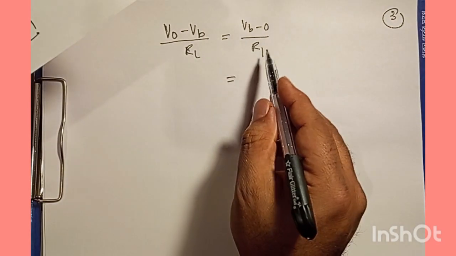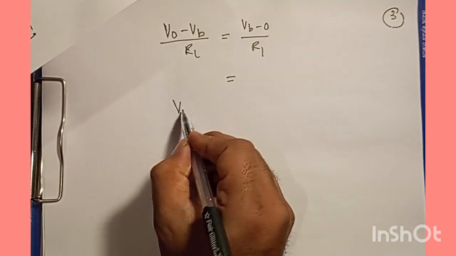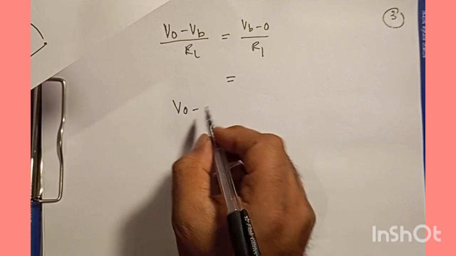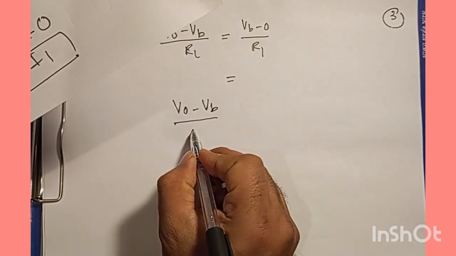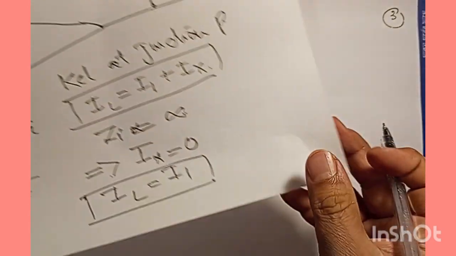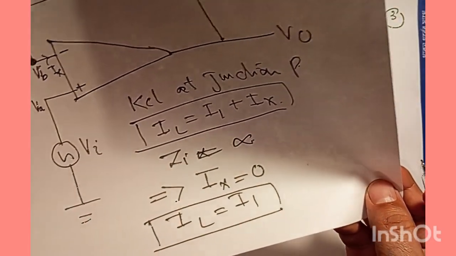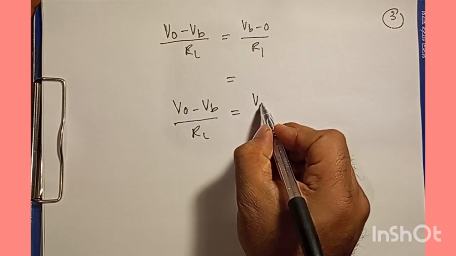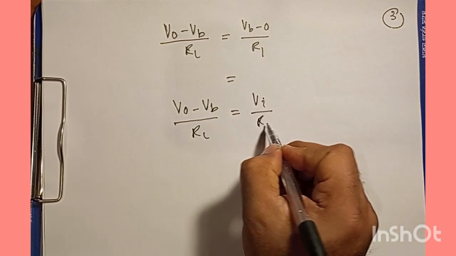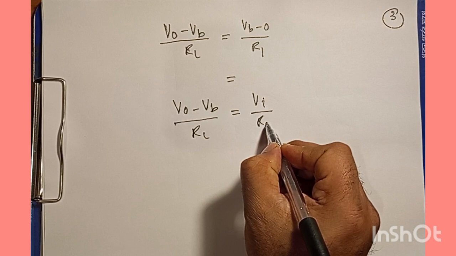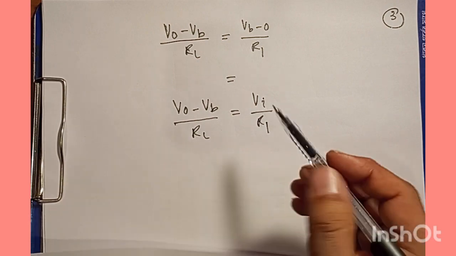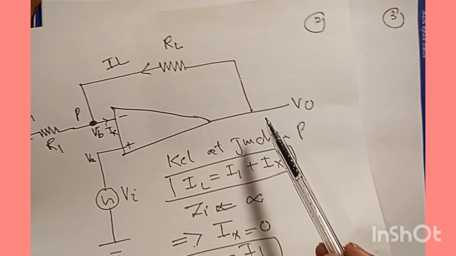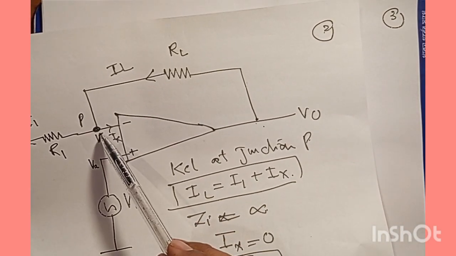So we can immediately think of Vo minus VB divided by RL is Vi by R1. So here we have Vo minus VB.